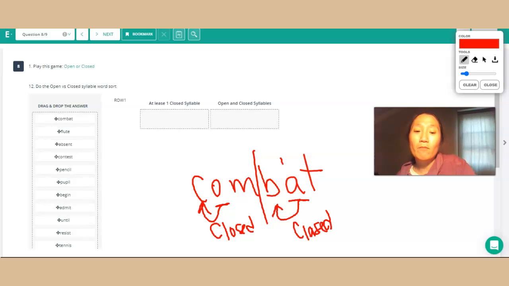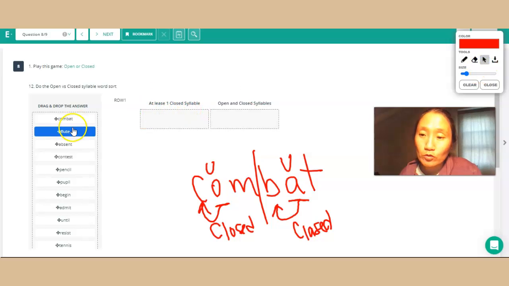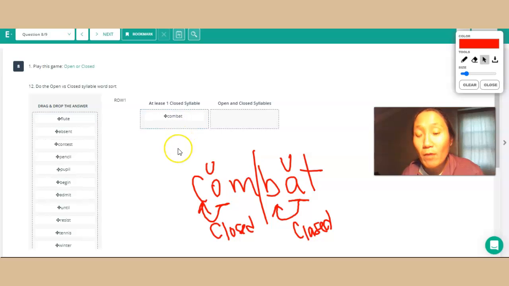Since they're closed, both have to have the short vowel sound: C-O-M, and B-A-T. So combat. It says over here it has to have at least one closed syllable. Well, this one has two closed syllables. Does it have at least one? Yes, it does. So I can drag this one and plop it in this box.